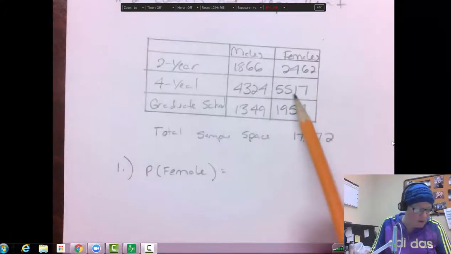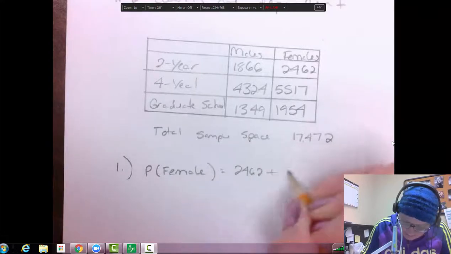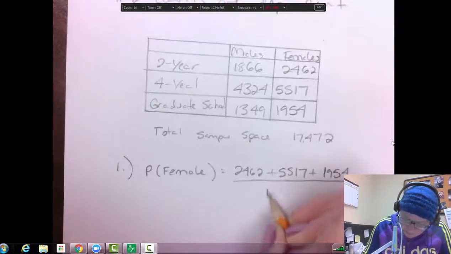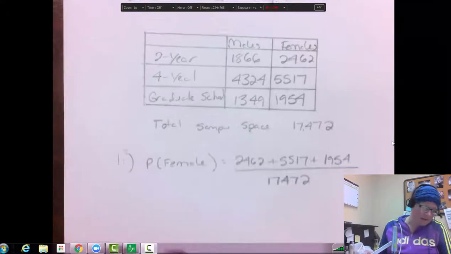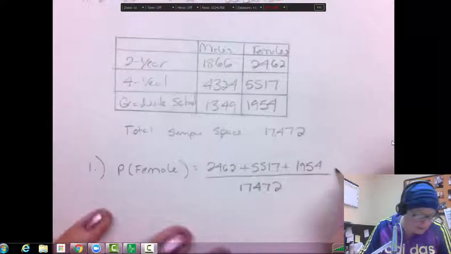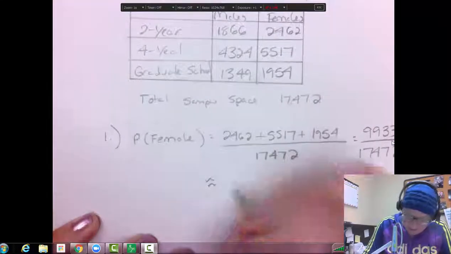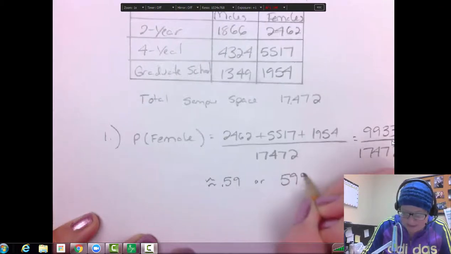So we add up all the females in the different categories: 2462 plus 5517 plus 1954, over the whole sample space of 17,472. That equals 9,933. Dividing, we get about 0.59, or 59%.